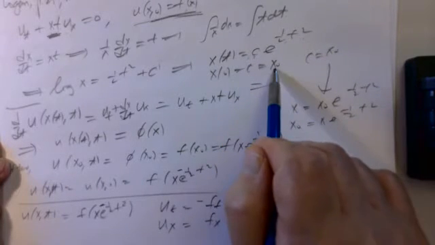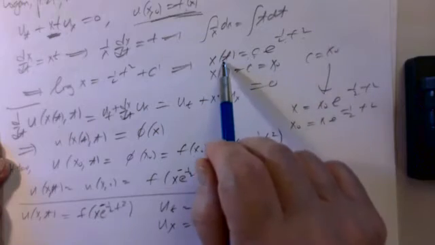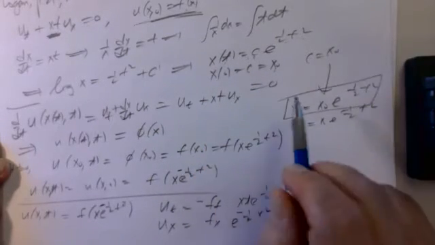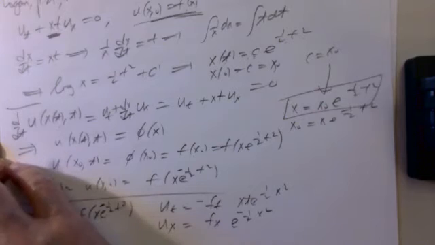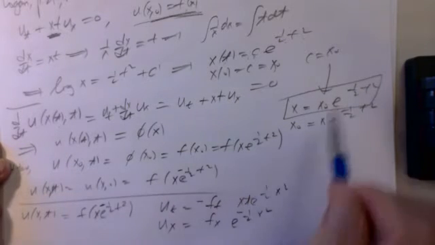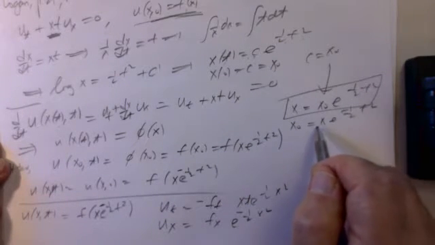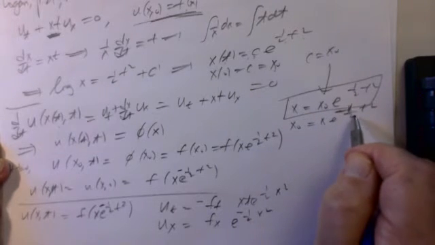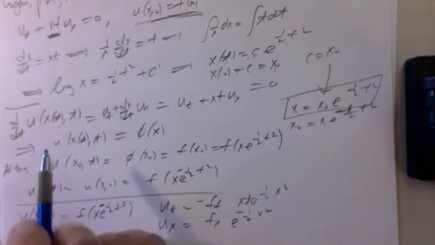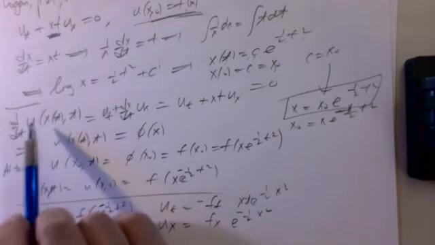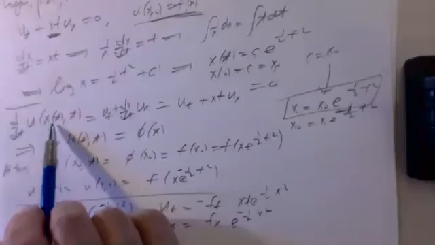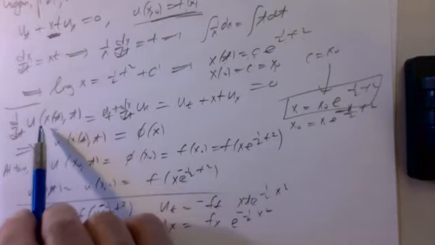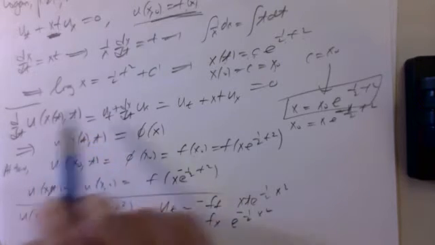And the constant is x naught, the value of this function at the initial time. So x of t is x naught e to the plus 1/2 t squared. So x naught is x e to the minus 1/2 t squared. Now, if we look at u on this characteristic curve x of t, this derivative with respect to t is 0.